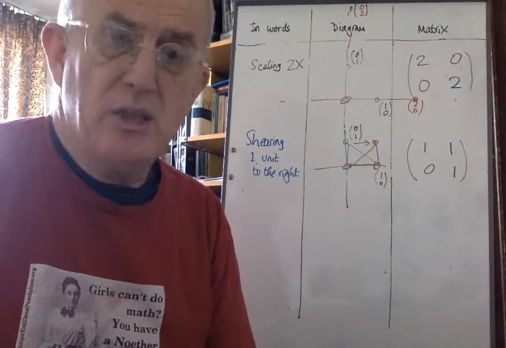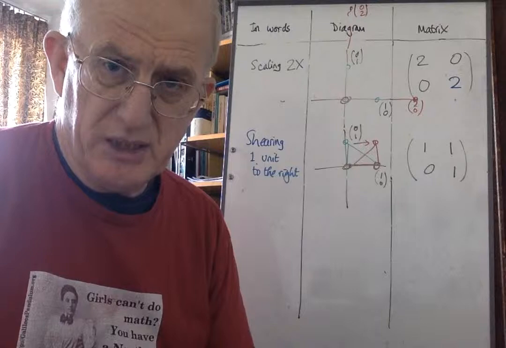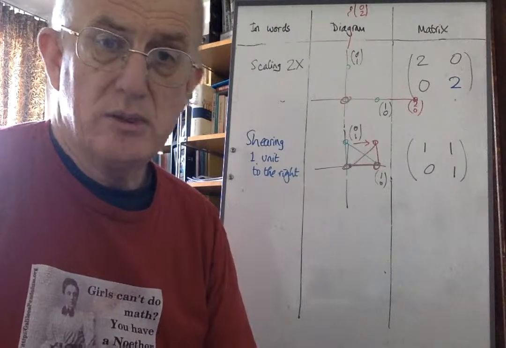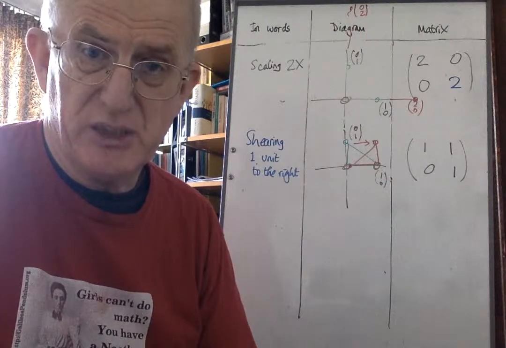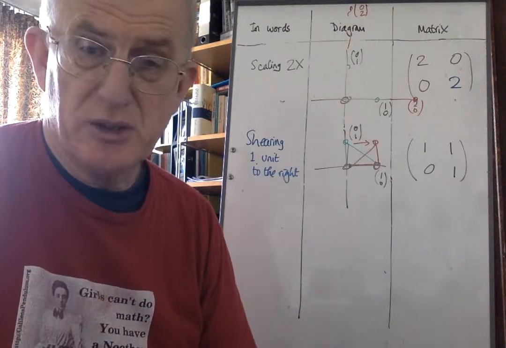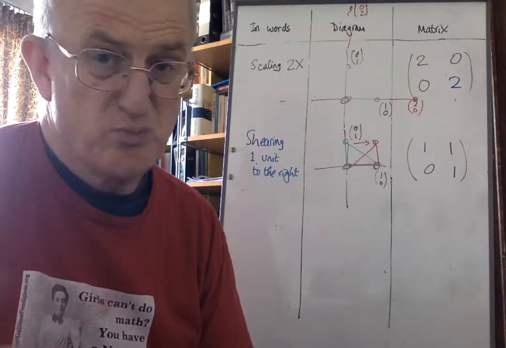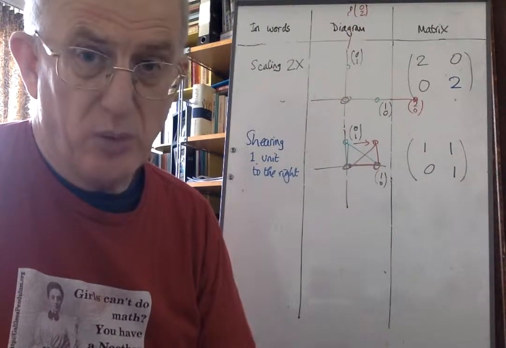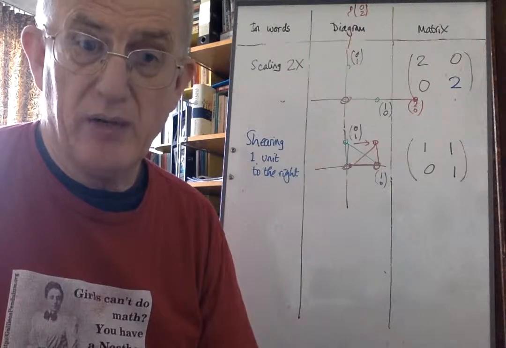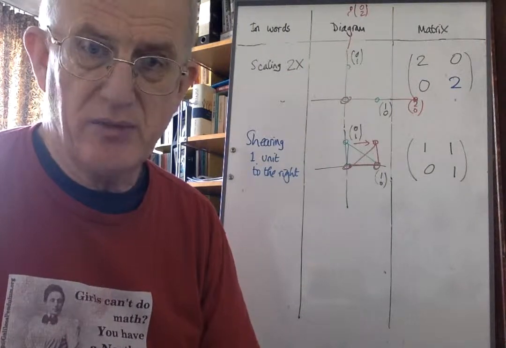For some reason, when you're asked questions in the exam about what does a matrix do geometrically, or what matrix represents this geometric transformation, the geometric transformation is never a shearing. I don't know why. Shearings are quite important, which is why I've also mentioned them in this little video.